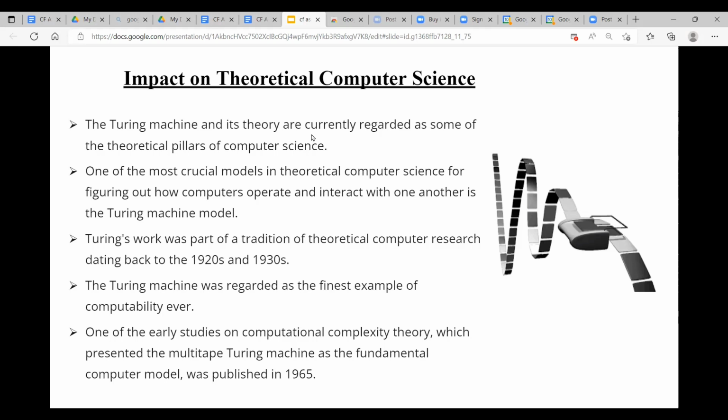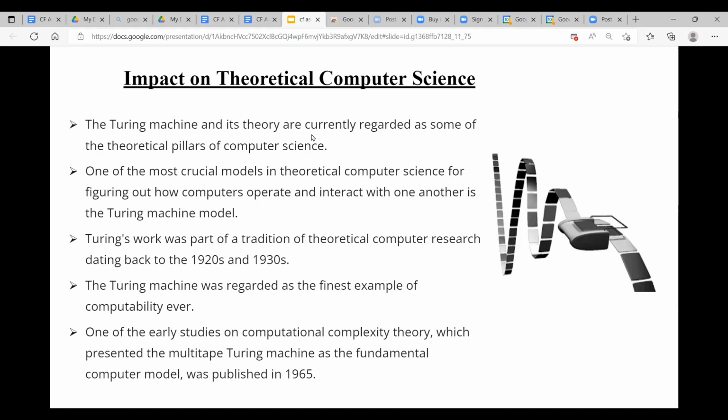Turing's work was part of a tradition of theoretical computer research dating back to the 1920s and 1930s. The Turing machine was regarded as the finest example of computability ever. His work was well known within the tradition of formal logic developed by Post, Church, Davis and Kleene.